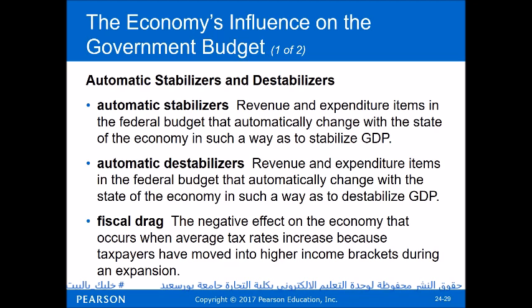Automatic stabilizers refers to revenue and expenditure items in the federal budget that automatically change with the state of the economy in such a way as to stabilize GDP. Automatic destabilizers are revenue and expenditure items in the government budget that automatically change with the state of the economy in such a way as to destabilize GDP.